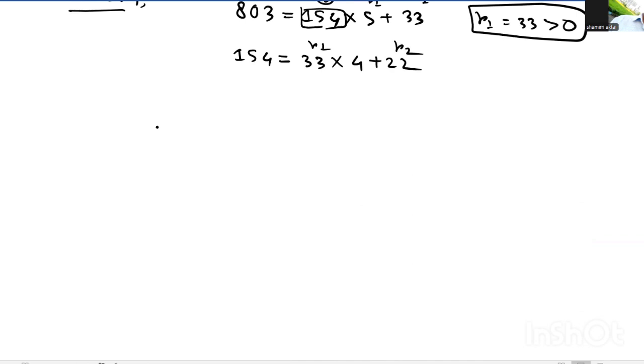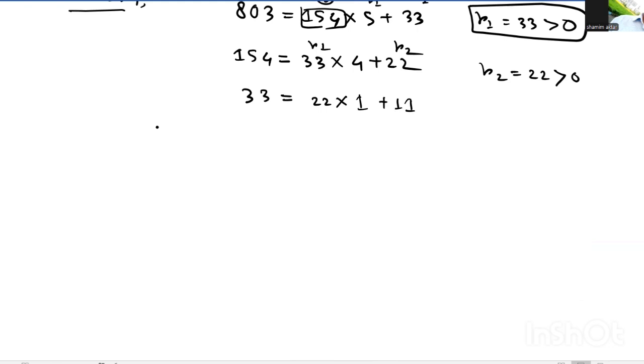Here r2 equals 22, which is also greater than 0. So now again r1 can be written in this form: 33 equals r2 times 1 plus 11.